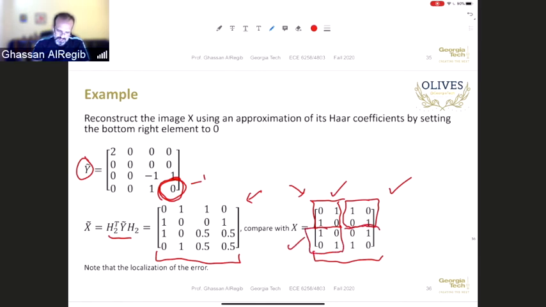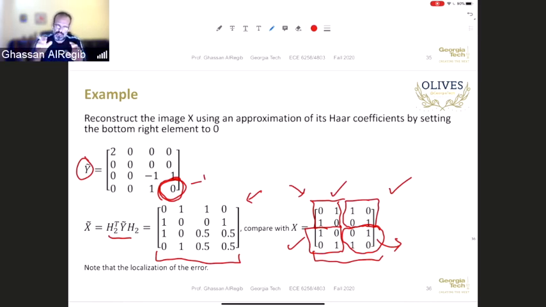However, this part of the image, what's happening here? This is different. The values were 0, 1, 1, 0. Now they are 0.5, 0.5, 0.5, 0.5. So what's happening in here is that if I have an error in a certain detail in the Haar transform, the propagation of the error is localized.